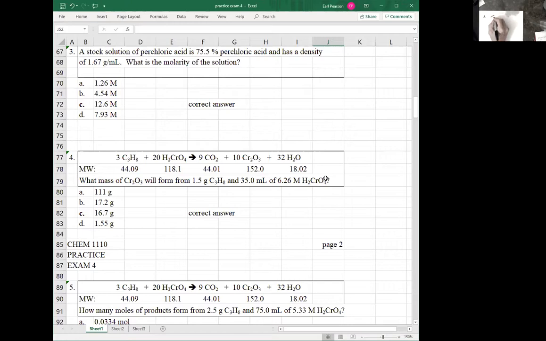So perchloric acid is going to be HClO4. Okay, so it's 75.5% perchloric acid, and the density is 1.67 grams per milliliter.